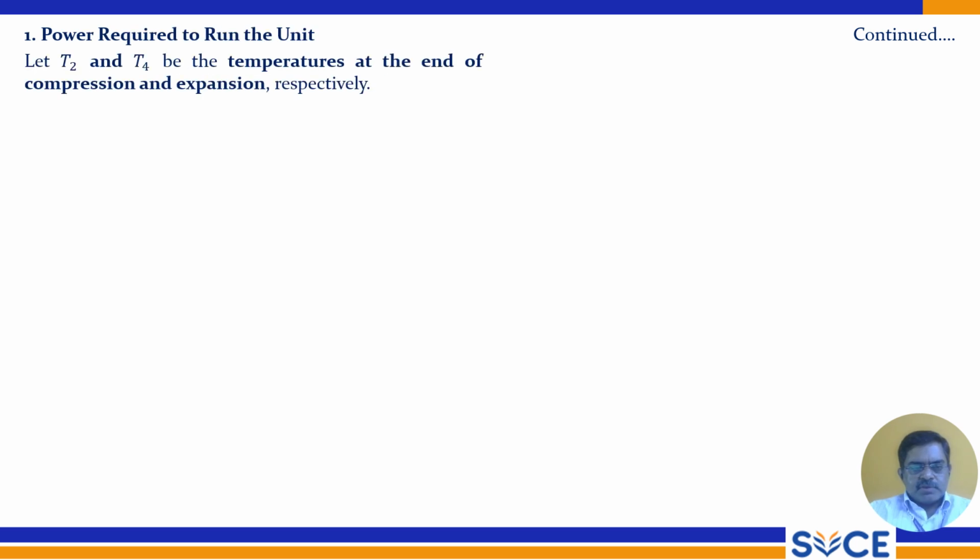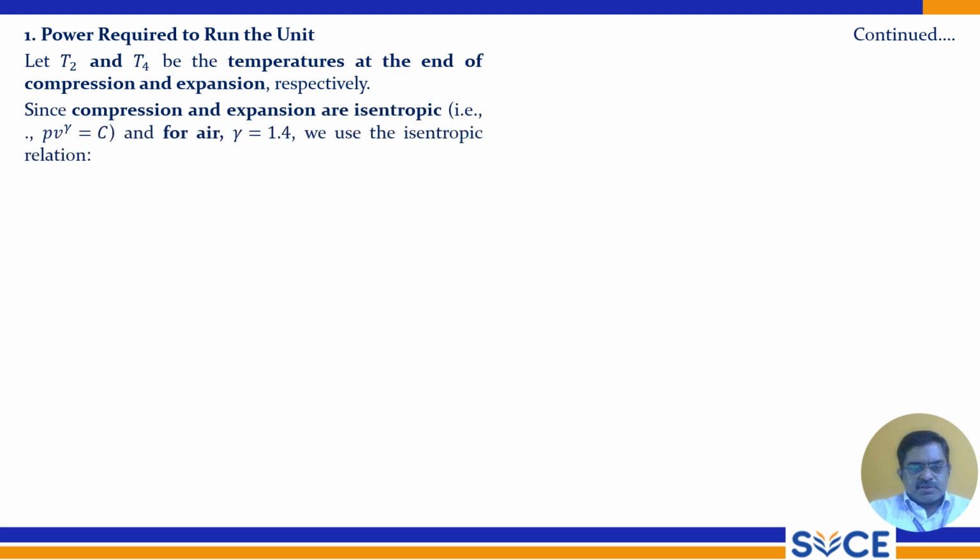Then with that available data, we can calculate the power required to run the unit. Let T2 and T4 be the temperatures at the end of compression and expansion respectively. Since the compression and expansion are isentropic, PV^γ = C, and for air γ = 1.4.